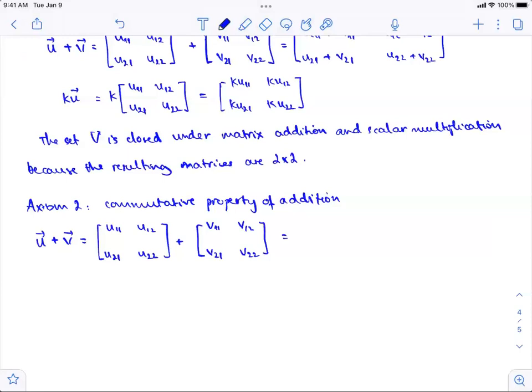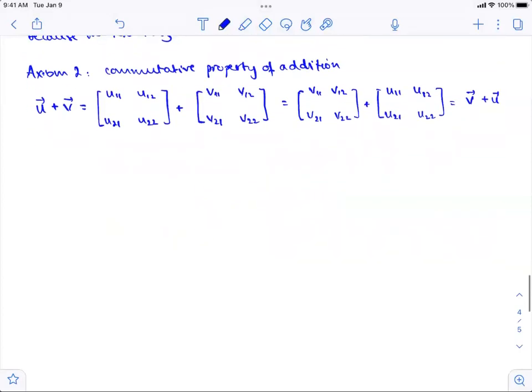So if you switch the order of these matrices, if you do [v11, v12; v21, v22] added with [u11, u12; u21, u22], then you have v plus u. So it satisfies the second property of a vector space.